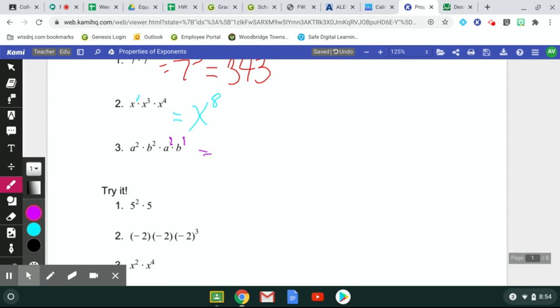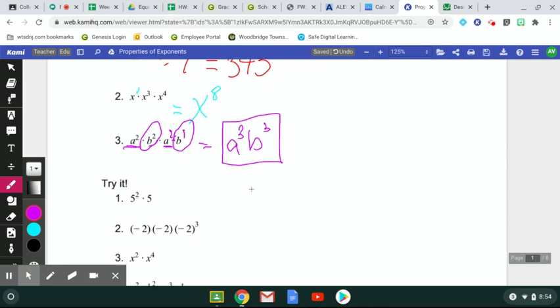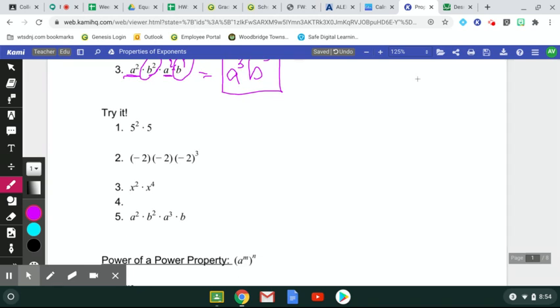So a squared, I'll underline, a squared times a to the first should be a to the third power, and these I'll circle. B squared times b to the first is b to the third power. So that's my final answer. A to the third, b to the third. Okay, so we can't combine them together any further. And then these are your try it problems.